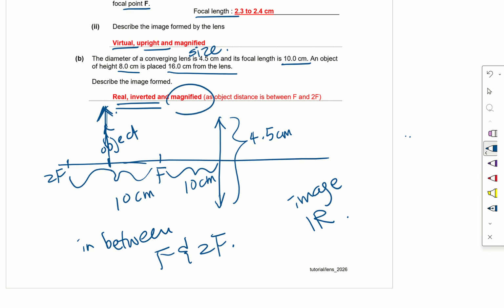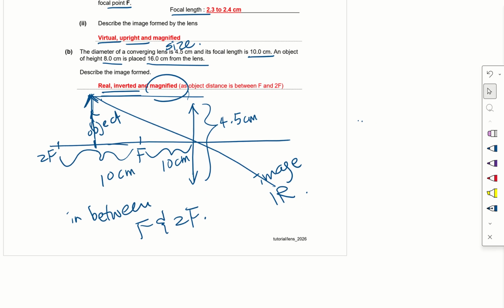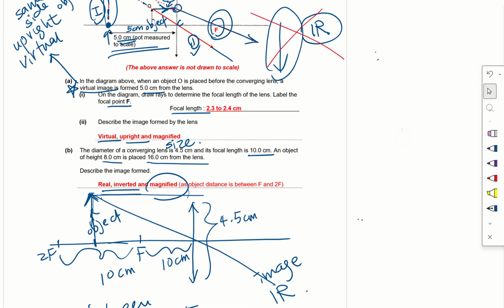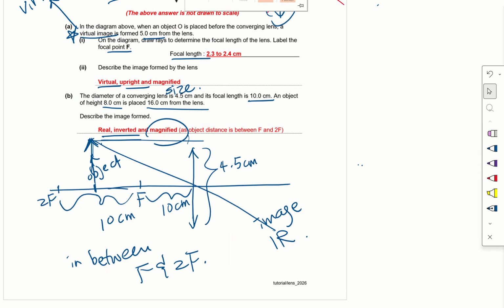For the size, you can just draw, and then you can see whether it is magnified or diminished. Some students can memorize the size, but for me, I think I can just quickly get the size by doing my drawing very quickly. Okay, so that's all for this tutorial.